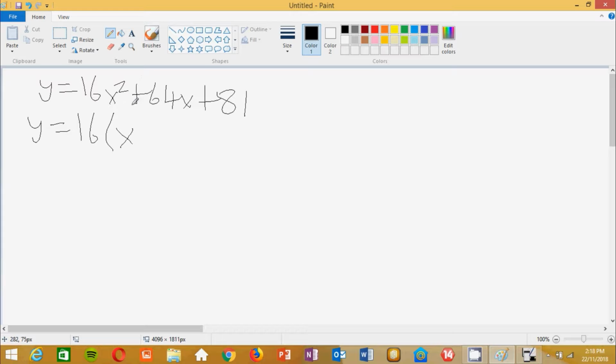Positive 2, because this is positive 64 divided by positive 2 divided by positive 16, so that's going to give me plus 2. And then I simply put my squared there.